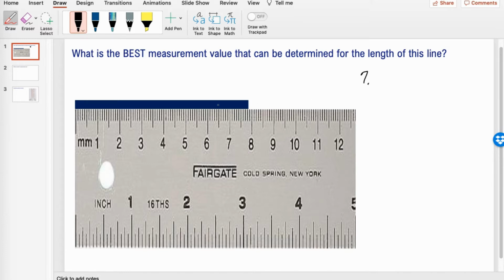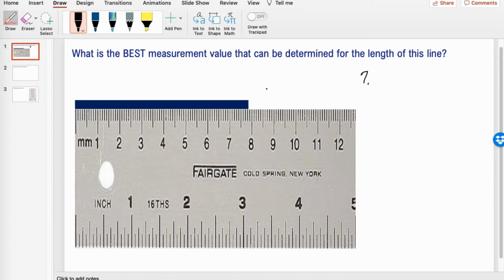Now we have to look at this and we realize that right here there's a certain number of lines that can be measured. So we've got 1, 2, 3, 4, 5 gets us halfway between 7 and 8, and that makes sense. 6, 7, 8, and then we notice that that blue line seems to be somewhere between 8 and 9.